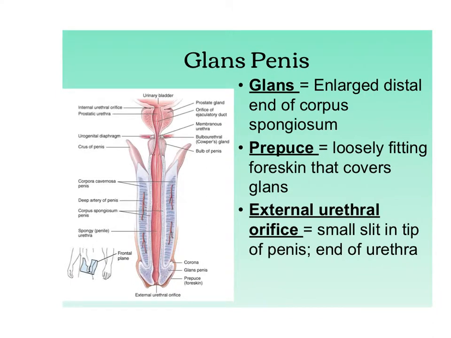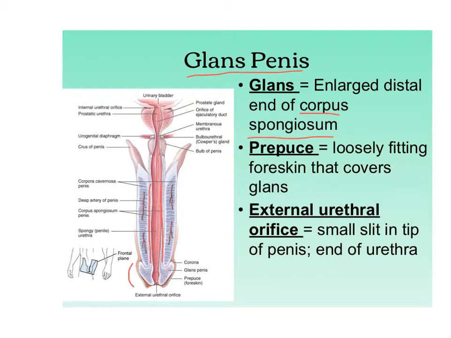And now the very distal part of the penis is called the glans penis. That's the very, very end, down in here. It's the enlarged distal end of the corpus spongiosum. Not that this is going to be super important, but the spongiosum is right here, the most deep portion.